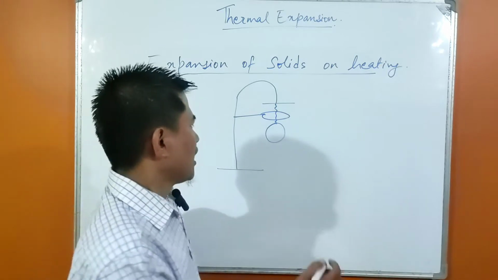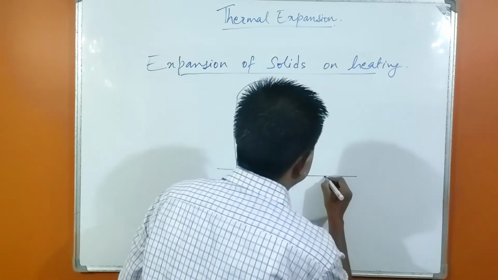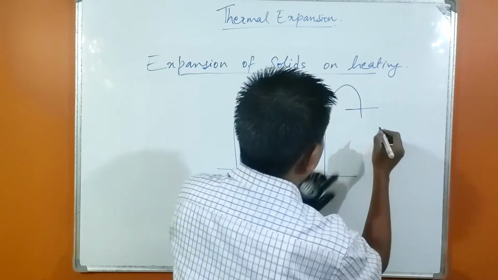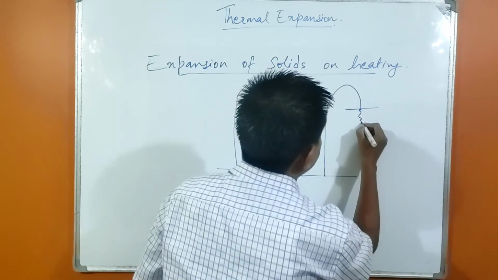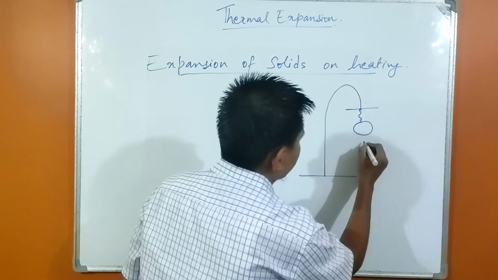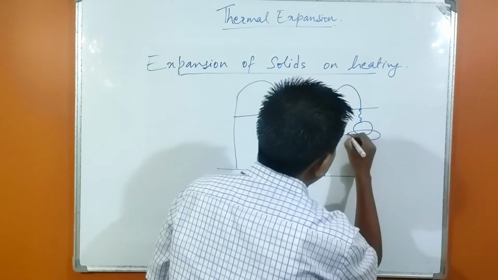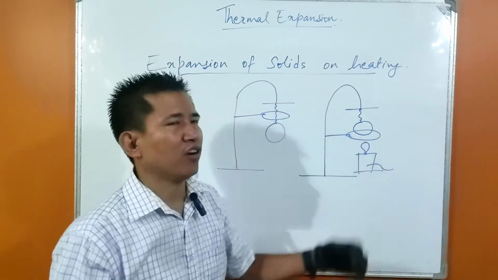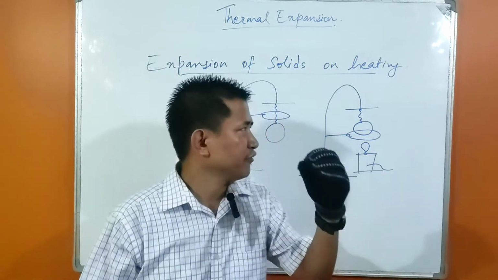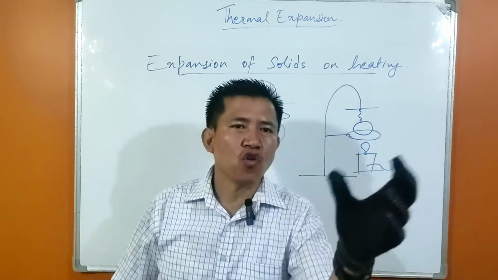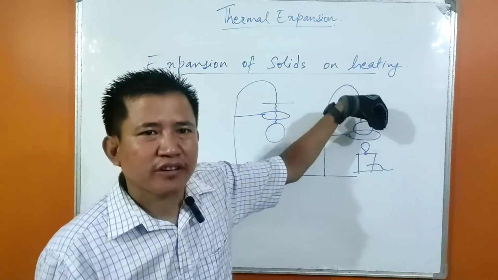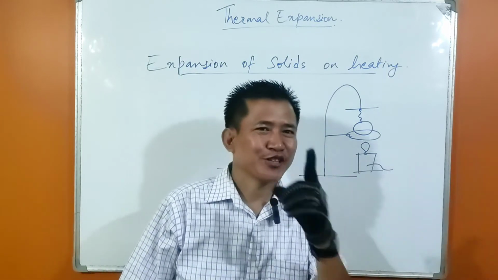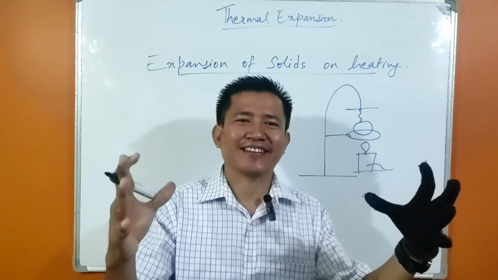Now, let us see what happens when we heat the ball, okay? When you heat the ball, you will see that the ball will no longer pass through the ring, which means the size of the ball has increased.